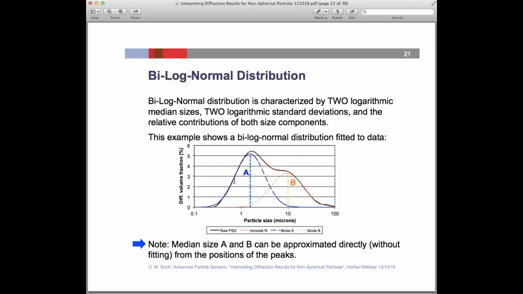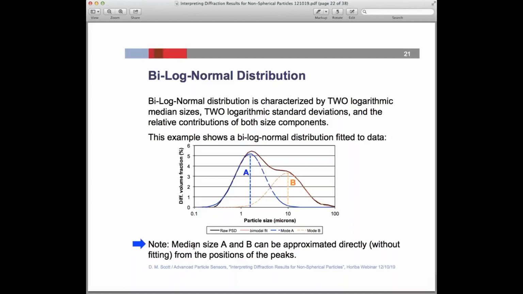Just as a reminder, a bi-log normal distribution is just the addition of two log normal distributions. So now instead of a median size and a spread, you have two median sizes and two logarithmic standard deviations, and also the relative contribution of the two size components. So there are 5 parameters in this fit.